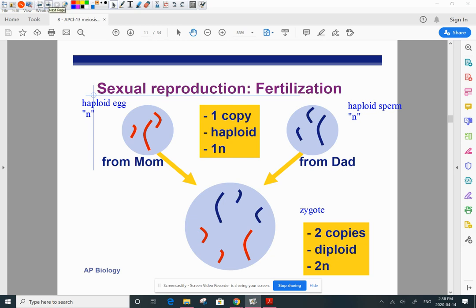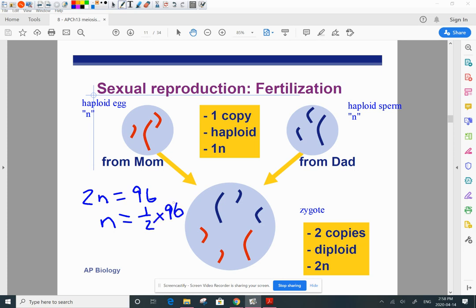What might be interesting is you might be asked about, maybe, a horse or something, and let's say that the 2n number of chromosomes in a horse is, say, 96. And then you might be asked, well, what would be the number of chromosomes in a sperm? Then you would have to say, it's going to be half of that number of 96.